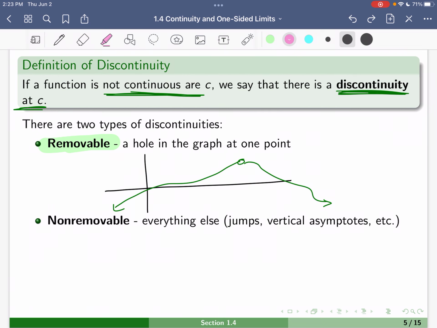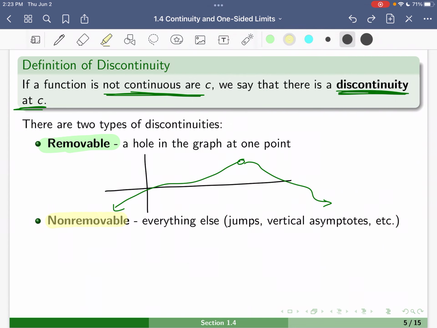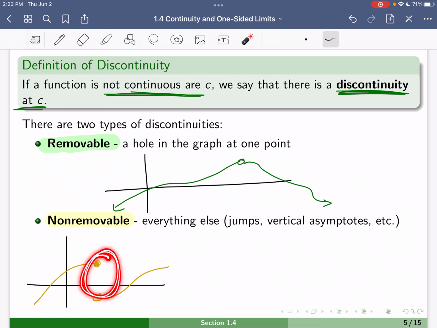When we have non-removable discontinuities, they might look like a jump. You could have a function value at that point, but there's this jump, so there's no way to fix that discontinuity.